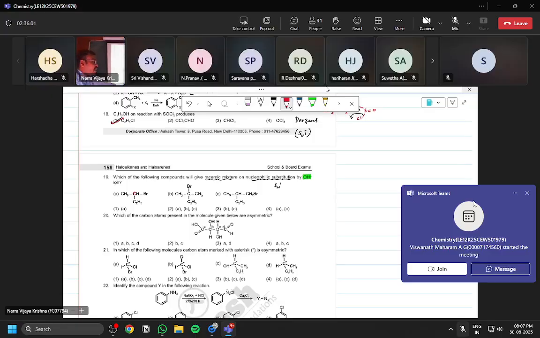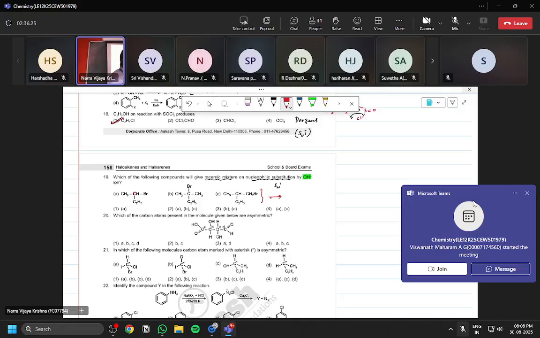If you are getting carbocation, it will be planar. OH minus can attack either above the plane or below the plane. So A is correct. Here also it forms tertiary carbocation. Again planar. So A correct, B correct, but C also correct only. Na? First this Br will be replaced to form carbocation.